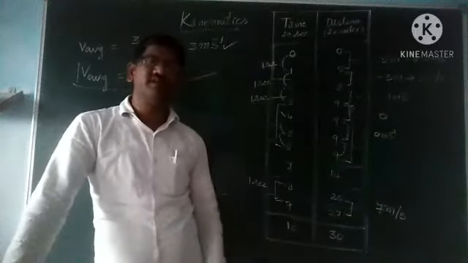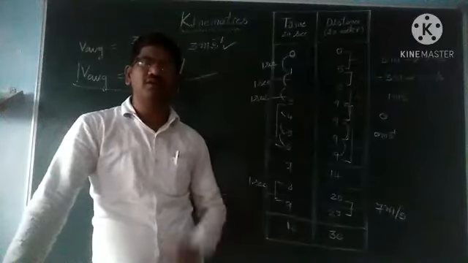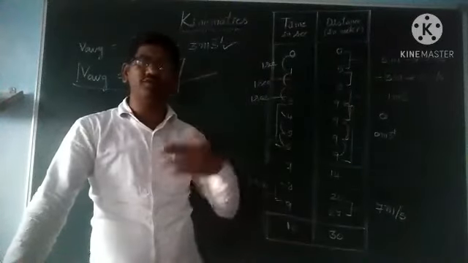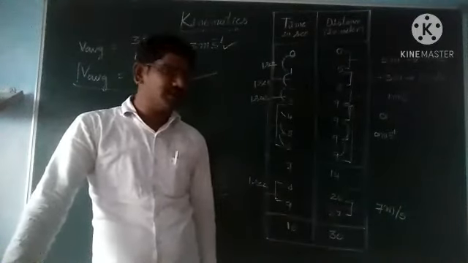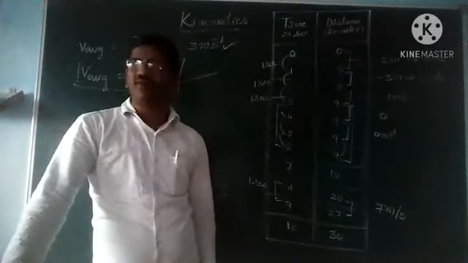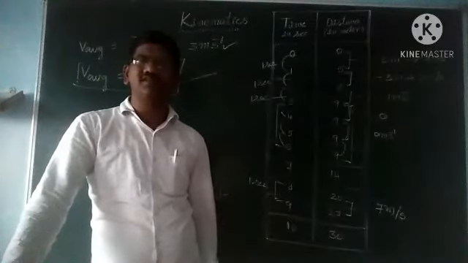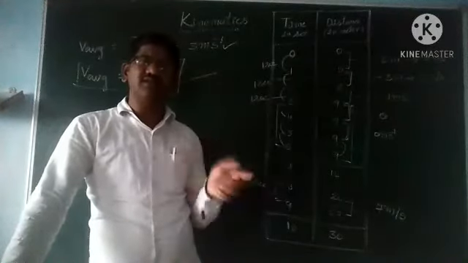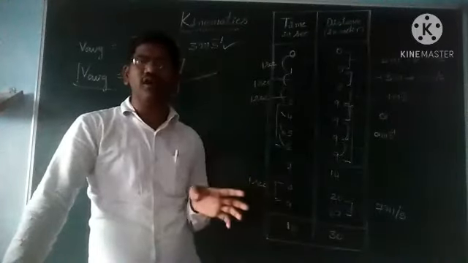So see my dear students, when we are going on a bike or car on a road, from your home to somewhere, some shopping or some park you are going with your family in a car, then what happens here at the signal point, that is 90 seconds or 60 seconds, at that instant of time our speed is 0, because at the red signal all vehicles will be stopped.